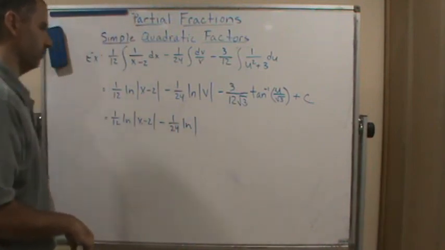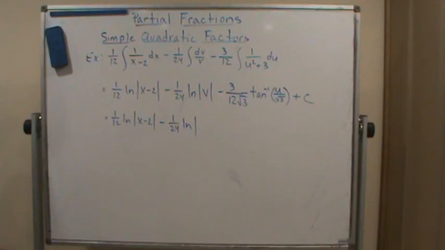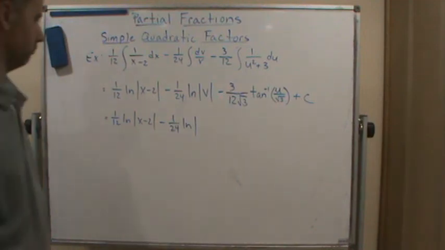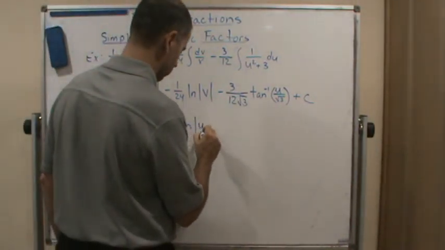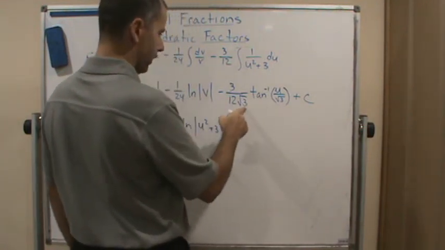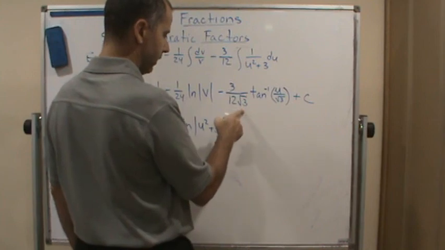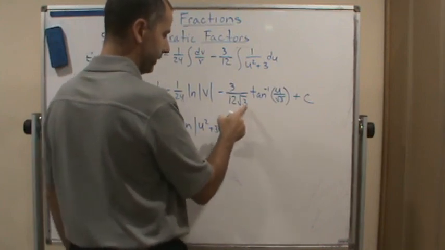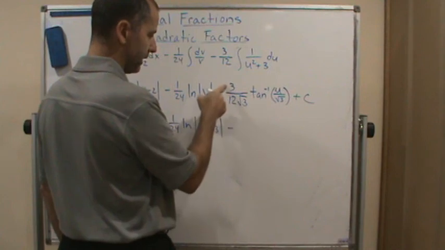Well, what was v? Or excuse me, what was u? Okay, u was x plus 1. But in this case, what was v? v was u squared plus 3. Now this here, I'm going to multiply the top and the bottom by the square root of 3, which will make this 3, and that will cancel with the top 3.